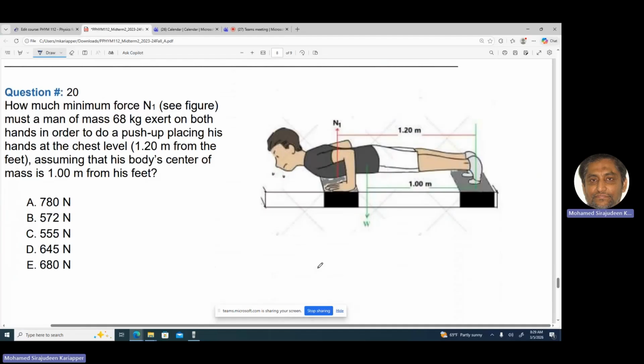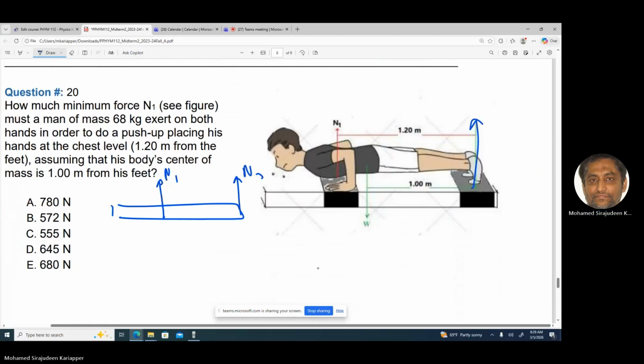So you can just put him like a rod, and the forces acting on him is N1, and there'll be this force, let me call it N2, at the support. And here is weight, W. And the question is to find N1.